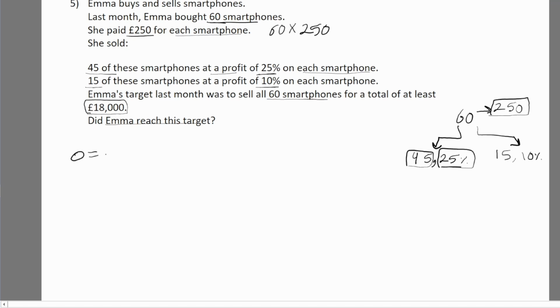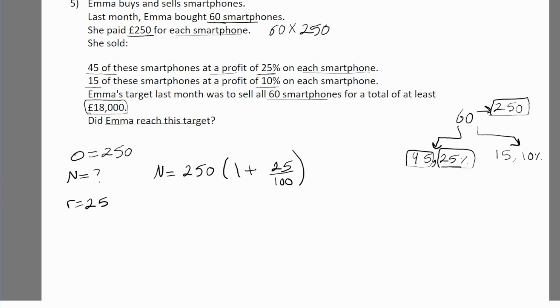So the old is 250, the new is unknown, that's what we want to find, and the R is 25. So we're going to say new is equal to 250 multiplied by 1 plus 25 over 100. And you can just plug this into your calculator, and it will give you 312.5.